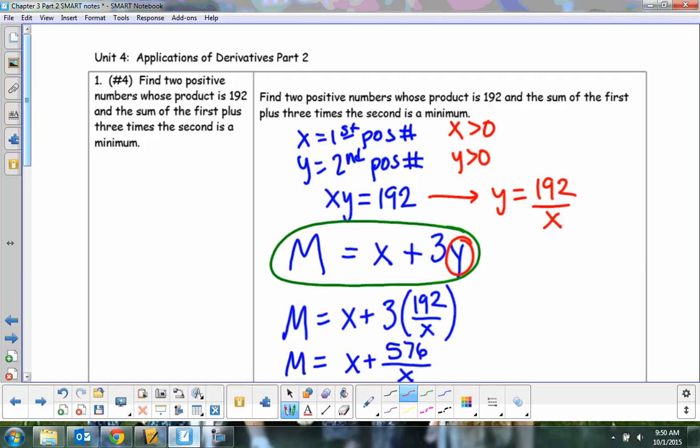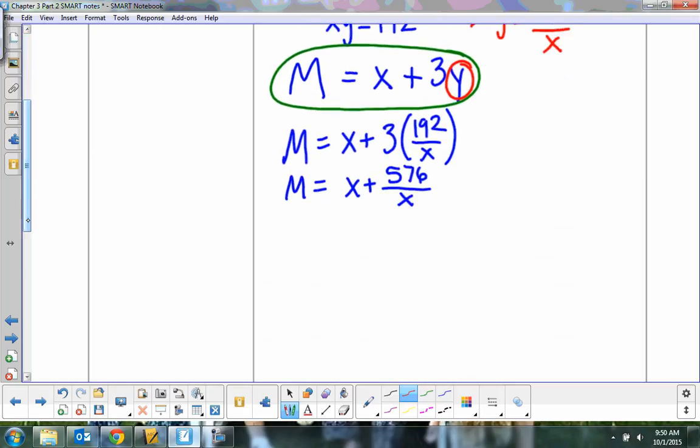So as we find our critical values, we know that we can restrict them with those two things. All right, so now we can use our first or second derivative test, but regardless, we're going to have to find at least the first derivative. Okay, so let's find our first derivative.